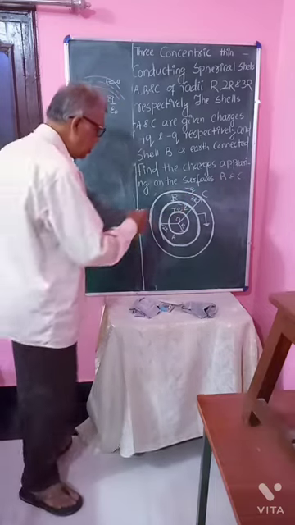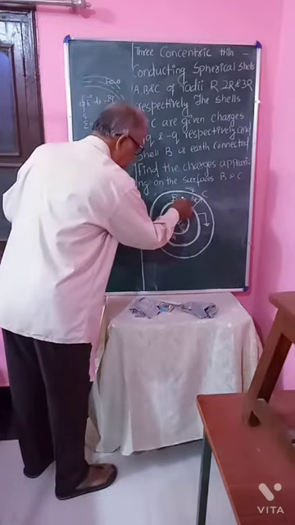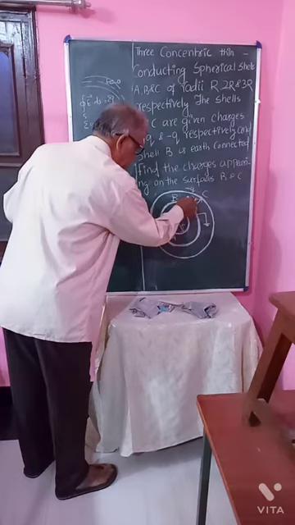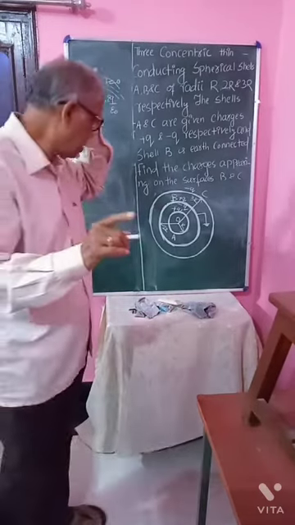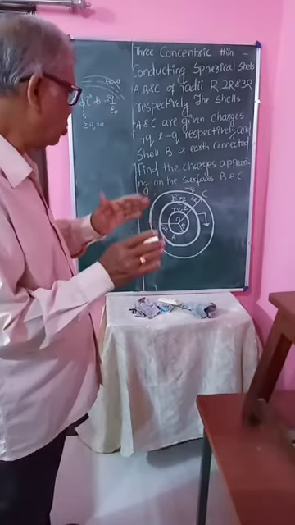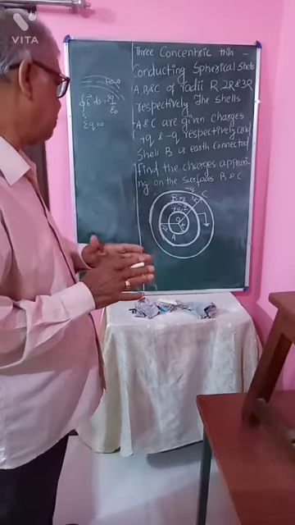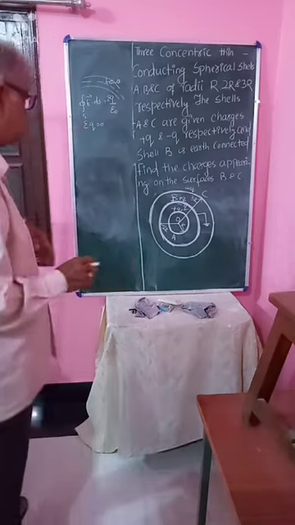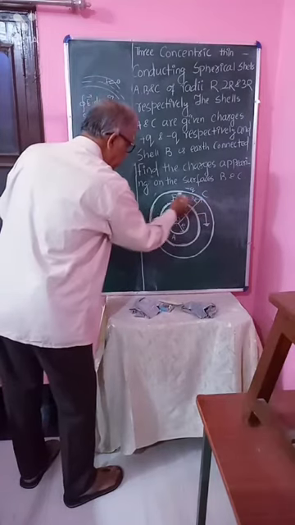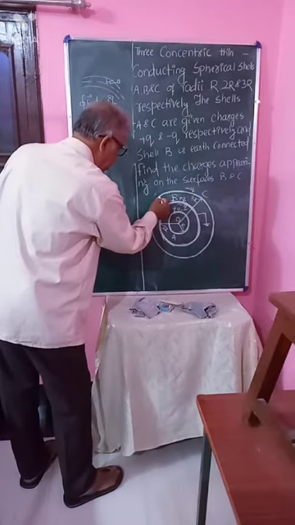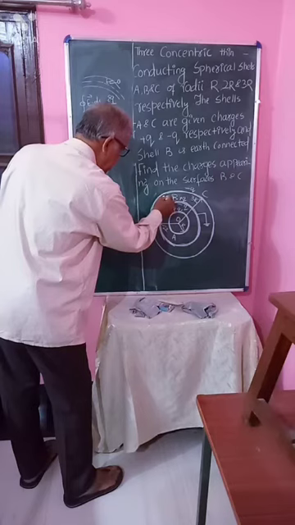So let it be plus Q dash. Now the charge on the outer surface of cell B is assumed to be Q dash. Now using Gauss law, the charge on the inner surface of cell C must be equal to minus Q dash.